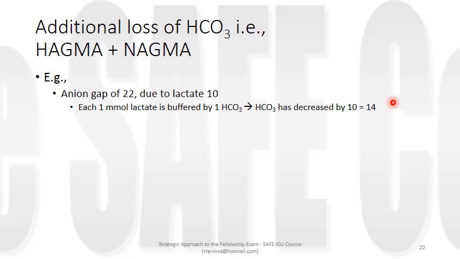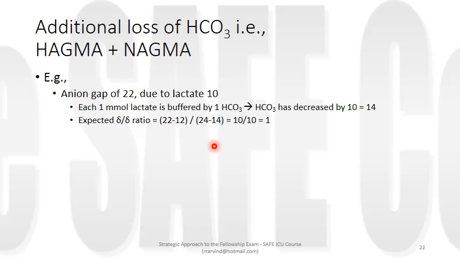This results in the bicarb falling by 10, so from 24 to 14. The expected delta-delta ratio, if this was the only acid-base disorder, will be 22 minus 12, because the anion gap is 22 and the reference anion gap is 12, divided by the normal bicarb of 24 minus the patient's bicarb of 14. So it's 10 by 10, which is 1.